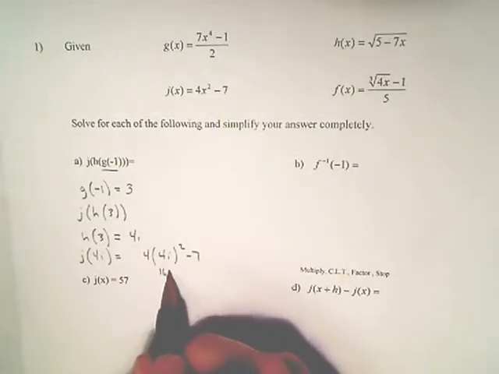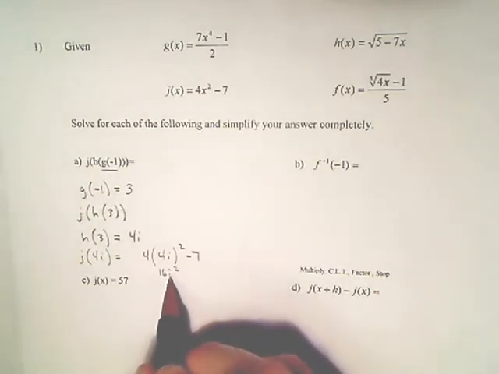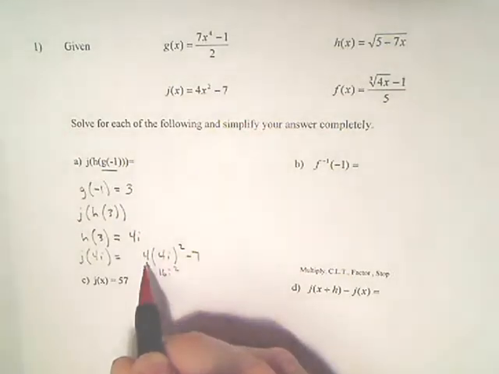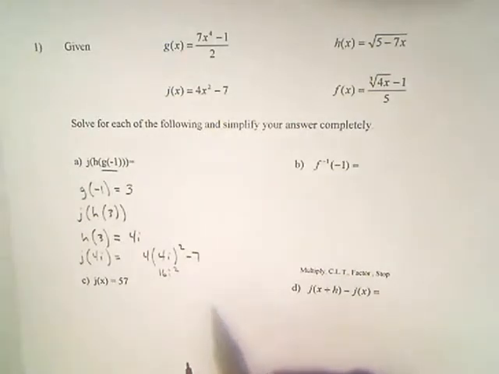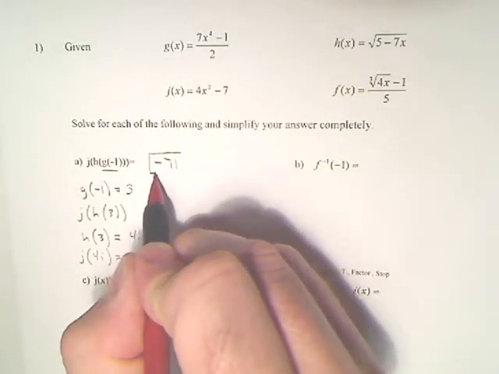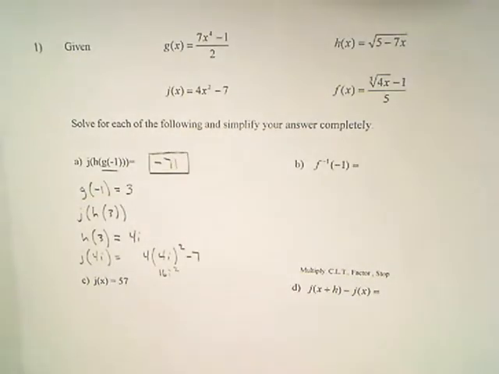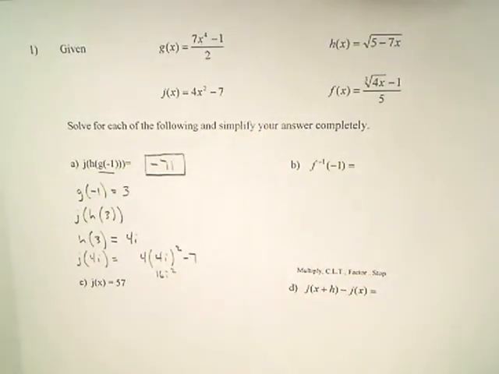And 16i squared is 16 times -1. So this is -16. -16 times 4 is -64. -64 minus the 7 is -71. And that's a composition.